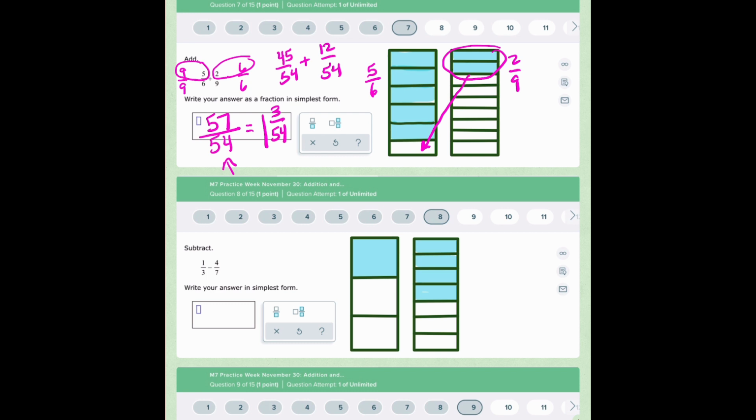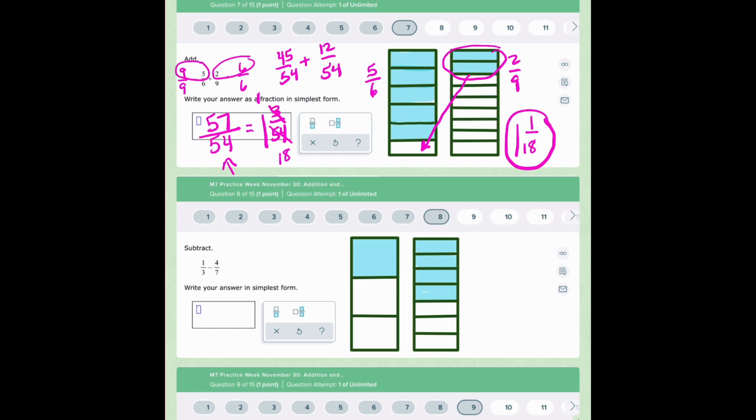I bet 3 goes in there also. Let's go ahead and take that down. 3 goes in there 1, 8, right? And so I have 1 and 1/18. 1 and 1/18. That's a mixed number.